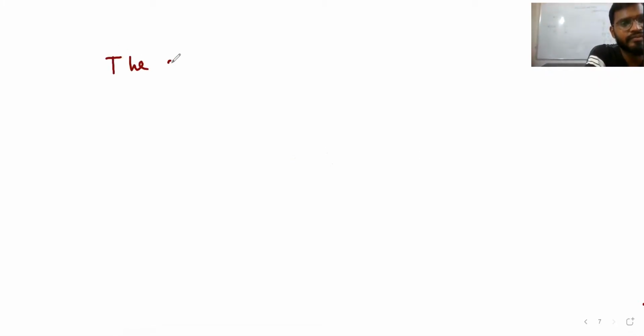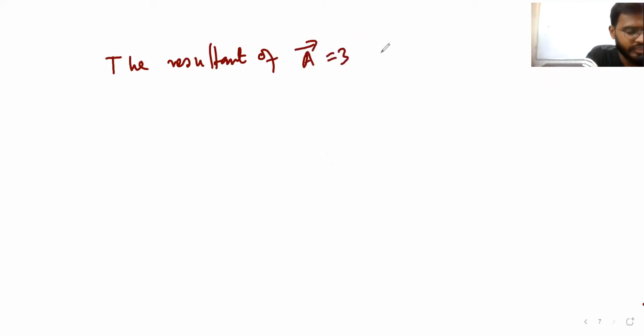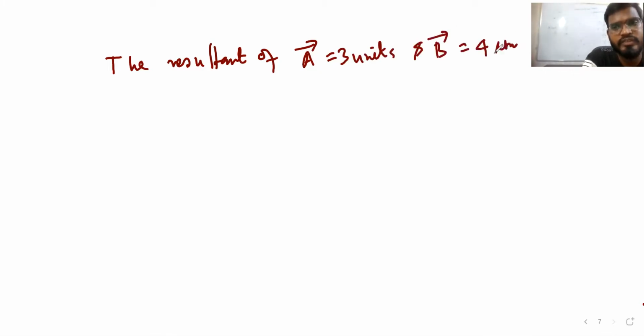Let's see now. Next question is what here? The resultant of a which is 3 units and b which is 4 units can never be. The resultant of a and b can never be.